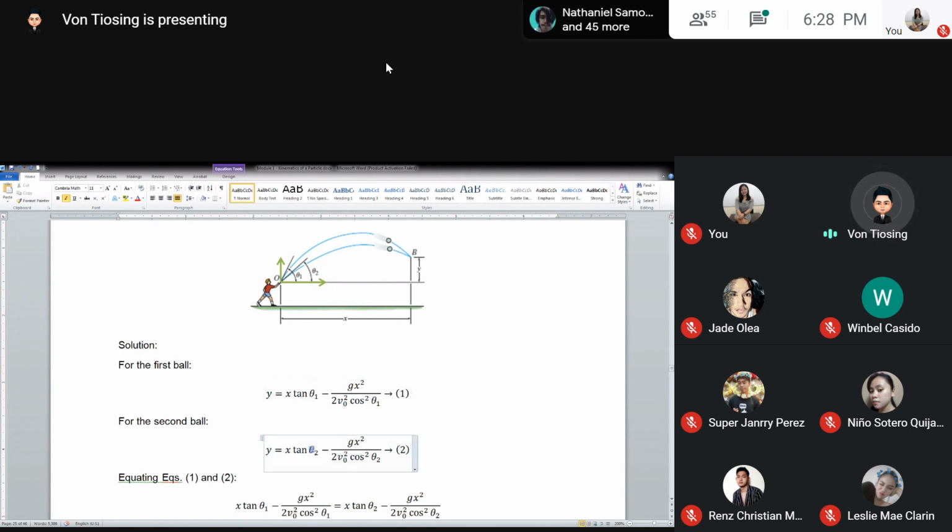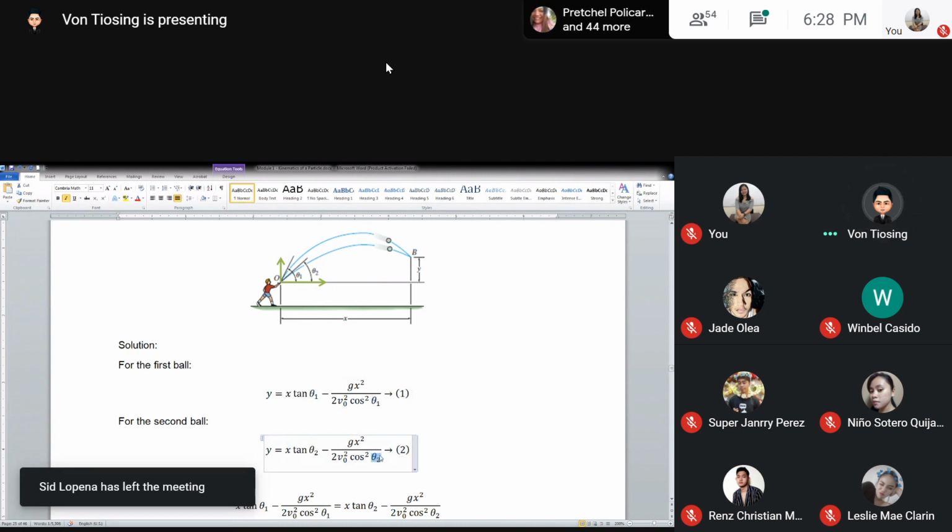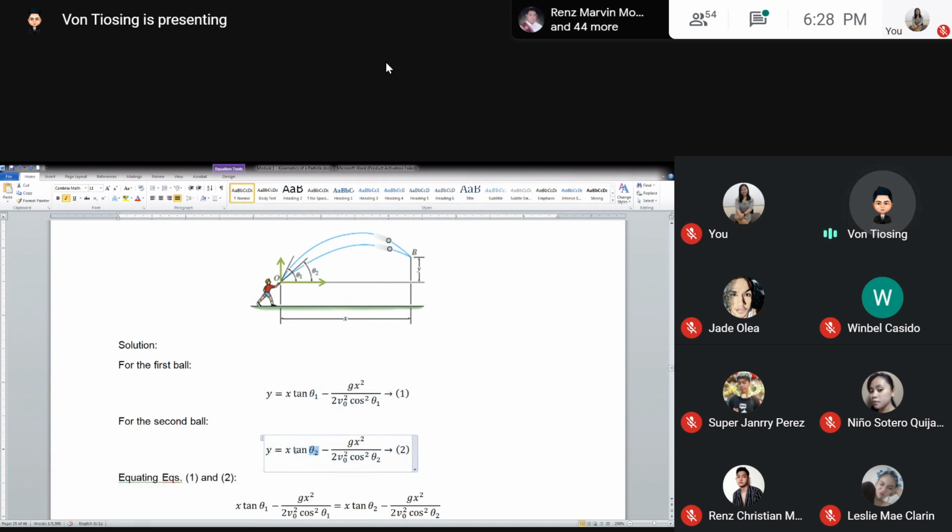Pero dahil nagkaiba yung angle nilang dalawa, nilagyan ko ng subscript na 1 tsaka 2. Okay, pero same lang yung kanilang equation. Take note, kapag magkaiba yung angle, magkaiba rin yung numerical value ng coefficients nila.